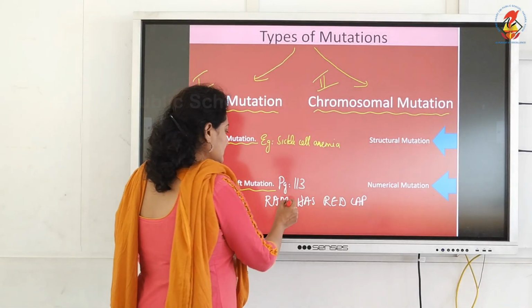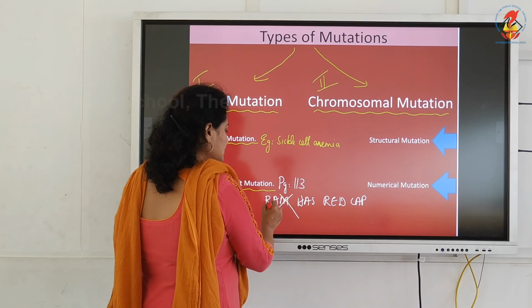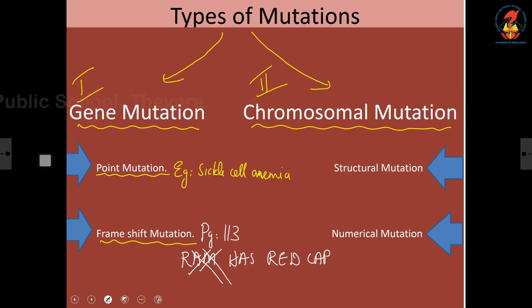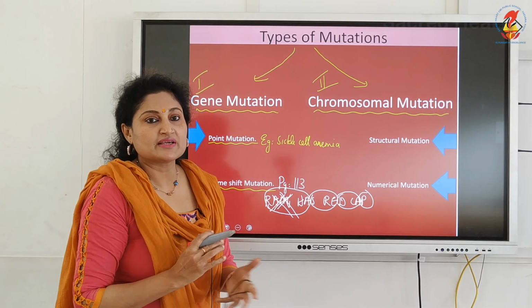See, I am going to delete M and I am going to delete A. So here 1 or 2. Remember 1 or 2, what happens? The reading frame gets altered. So now we have to reshuffle. This will join RHA, SRE, DCA and P. Even if it's 1 also, the reading frame gets altered.